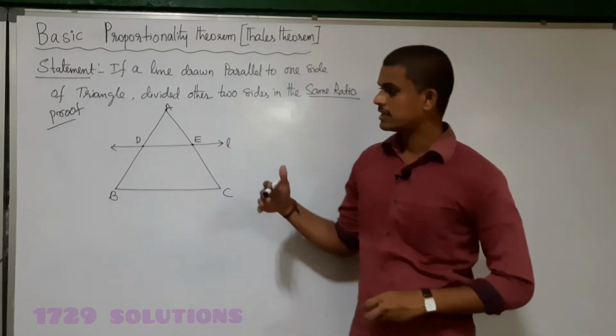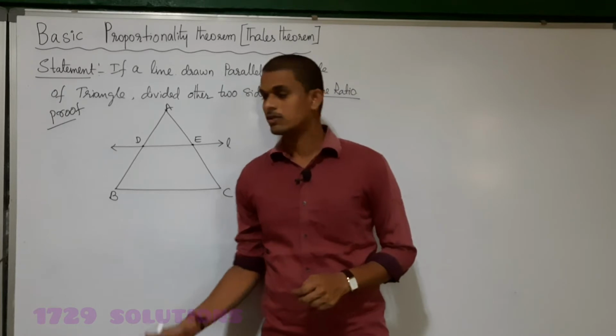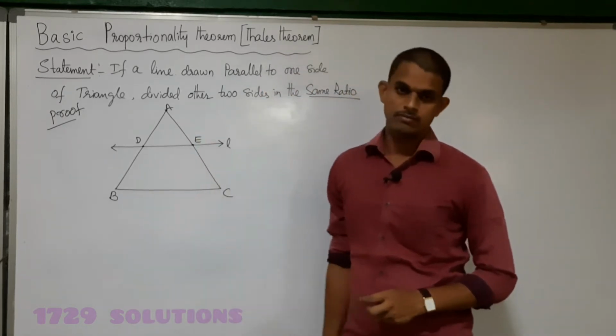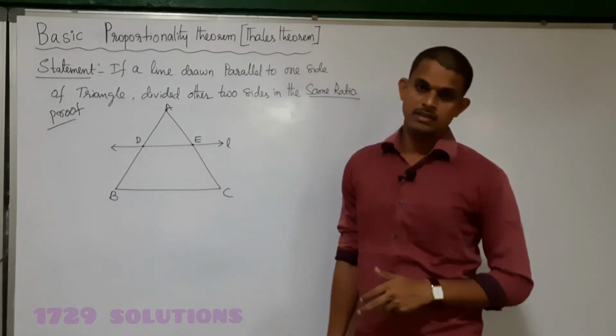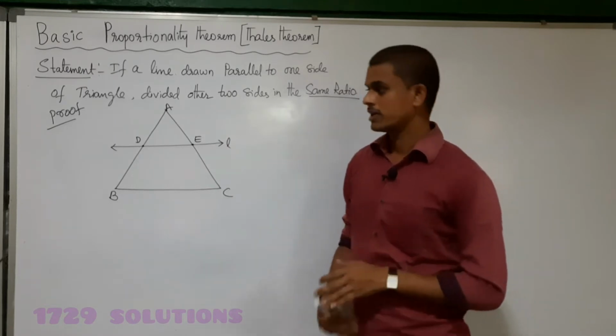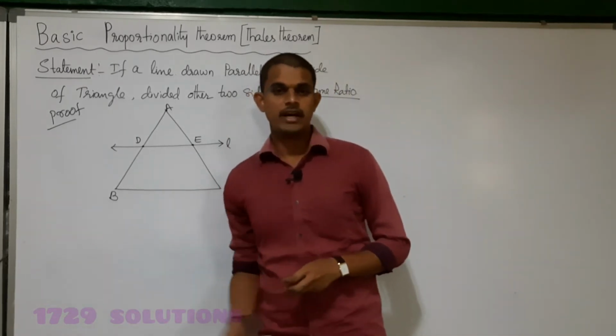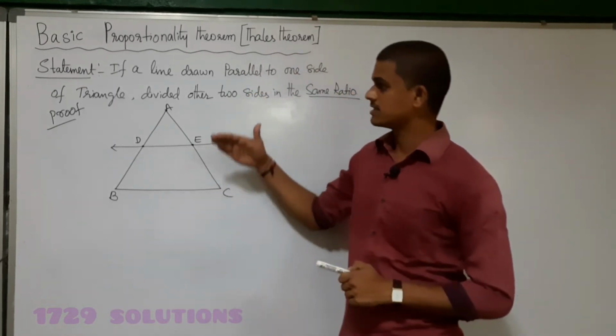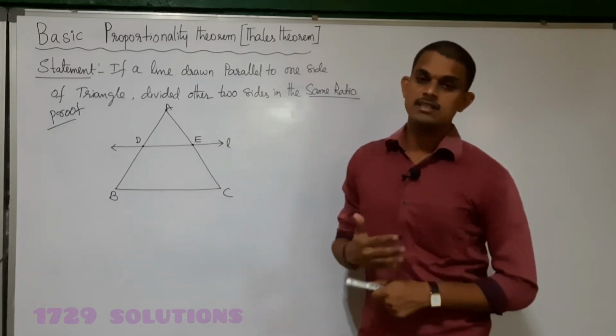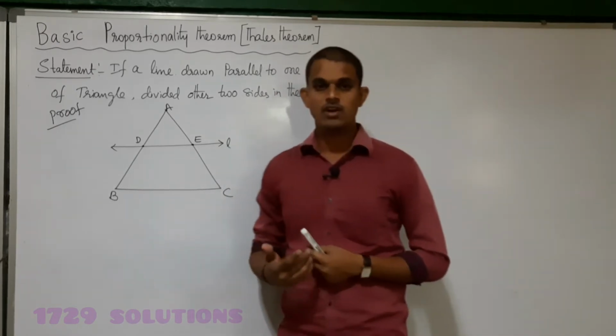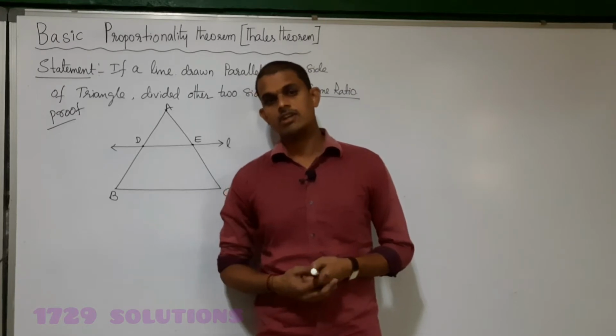So we'll start the proof, how to show. You already know that a theorem is divided into four parts. One is the given, the hypothesis, where you write the given information. Next, what we want to prove is called RTP, what we are going to show.